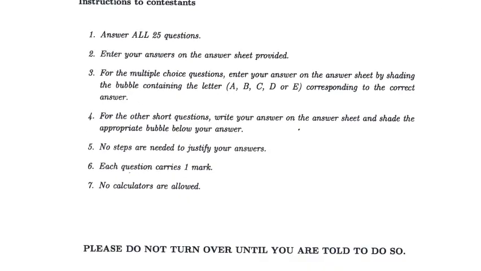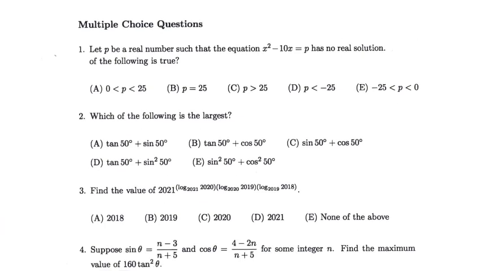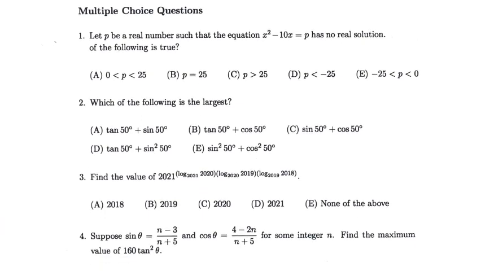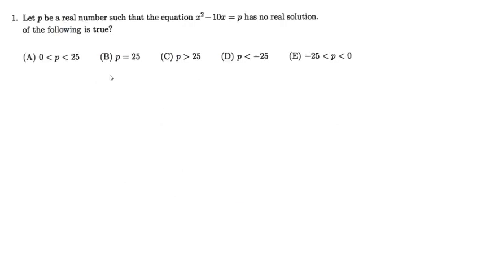Okay, so here let's start from problem number 1. Let P be a real number such that the equation x squared minus 10x equals P has no real solution. Which of the following is true? So here, when a quadratic equation doesn't have any solution, it means the discriminant is less than 0.